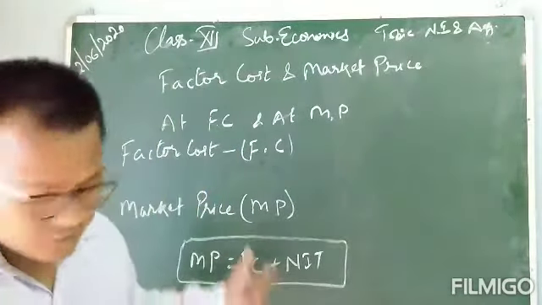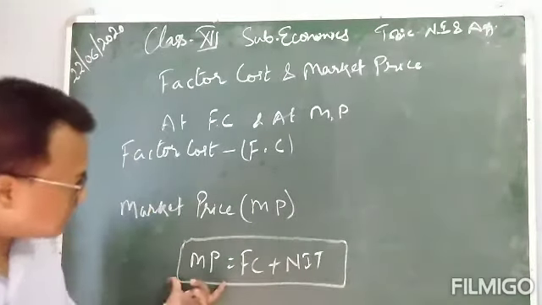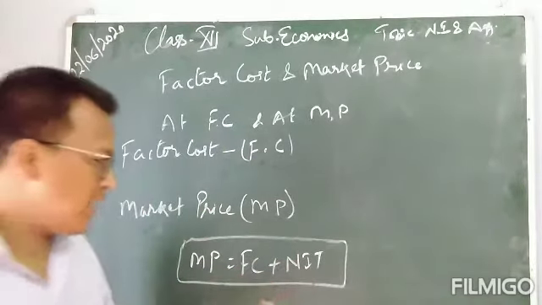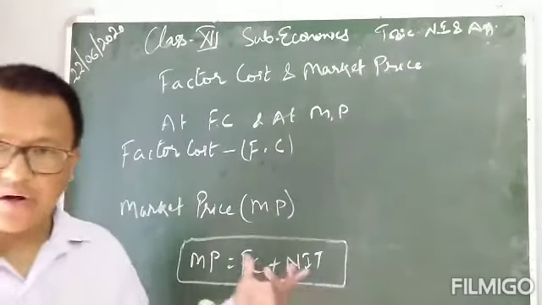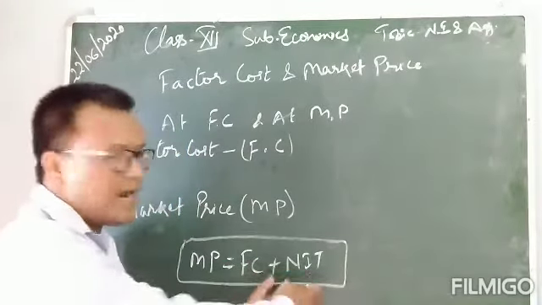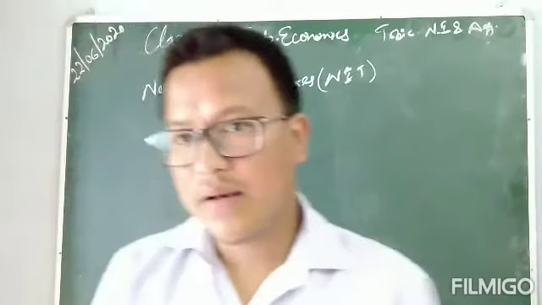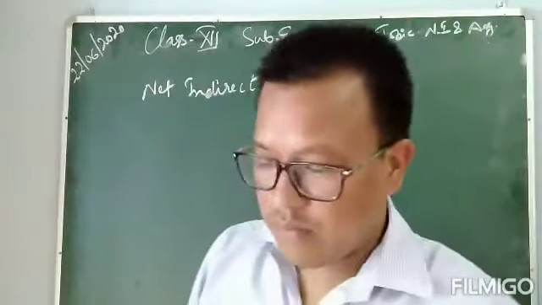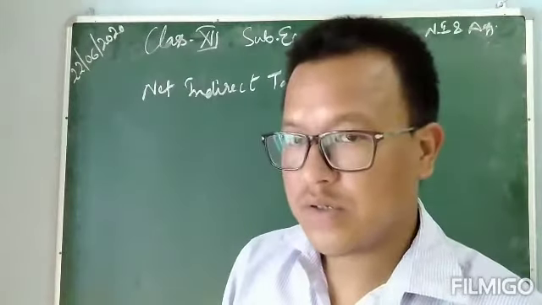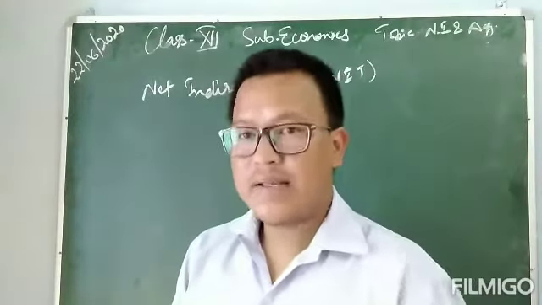So market price is the sum of factor cost and NIT, net indirect tax. Net indirect tax is the difference between indirect taxes and subsidies.